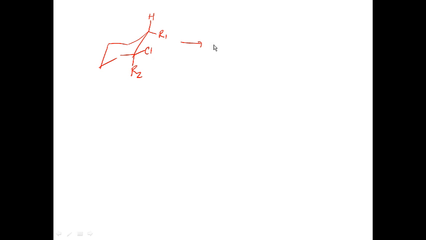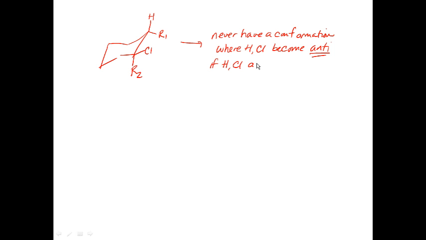Okay, so we'll never have a conformation where the H and the Cl become anti if the H and the Cl are cis.